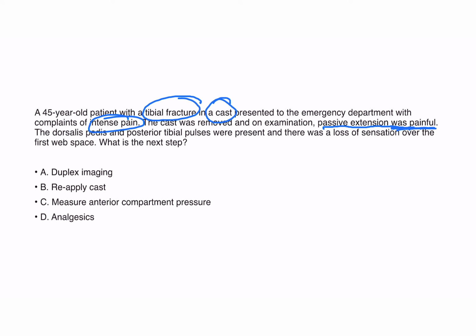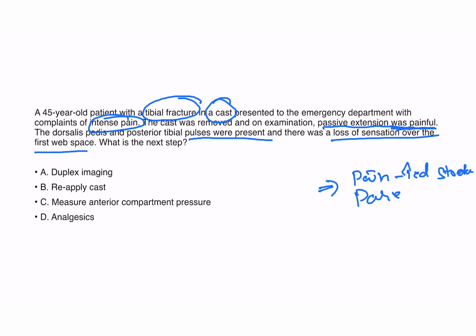But the pulses are present and there was a loss of sensation over the first web space. So there is paresthesia, there is pain, and the pain is increased with stretching. An intense pain which is increased with the stretching of muscle and not decreasing with analgesic. That is a classical explanation for the compartment syndrome.